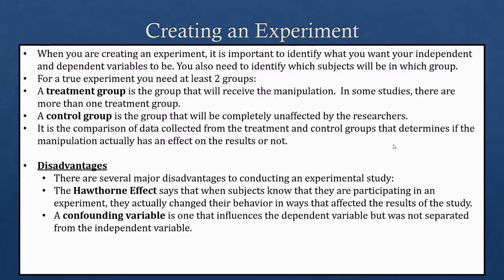Maybe someone started to eat better during that process, and that left them in a better position to increase the number of sit-ups that they could do throughout the experiment. So diet in this case would be a confounding variable because it could influence the results of the dependent variable, but it wasn't separated from the study. It was not used or identified beforehand.